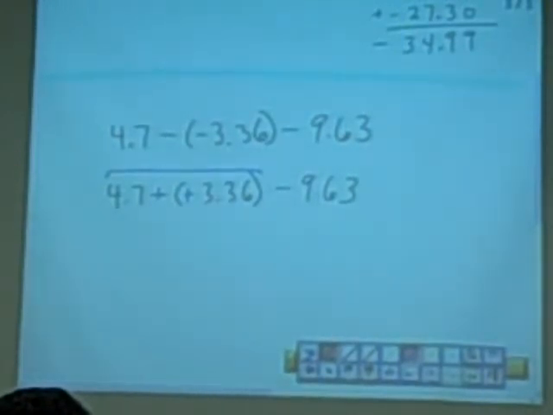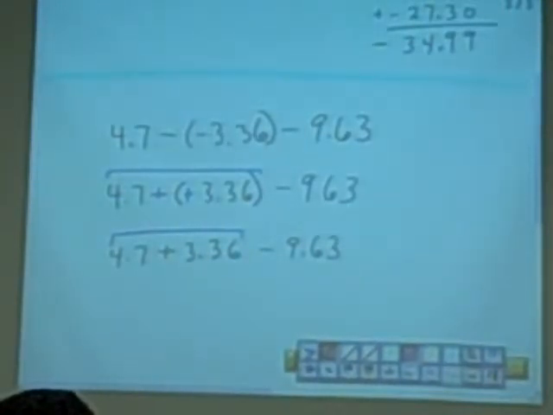So what we really have is 4.7 plus 3.36 minus 9.63. Okay, so it's easy to see that we're going to add, right?